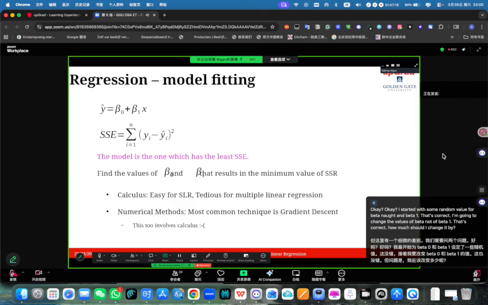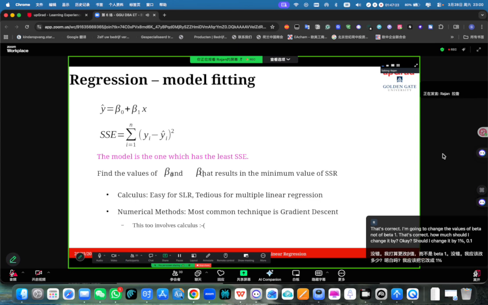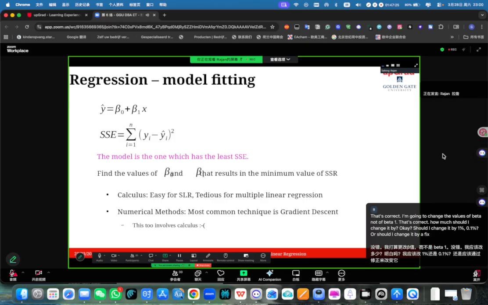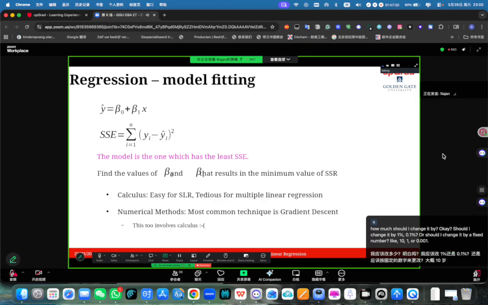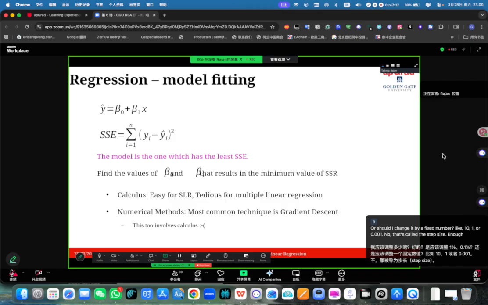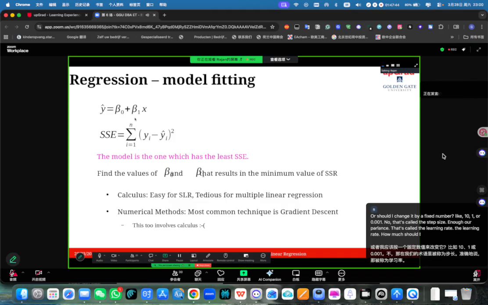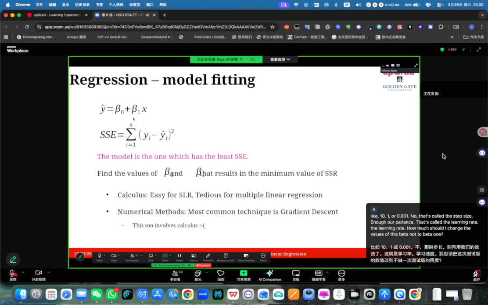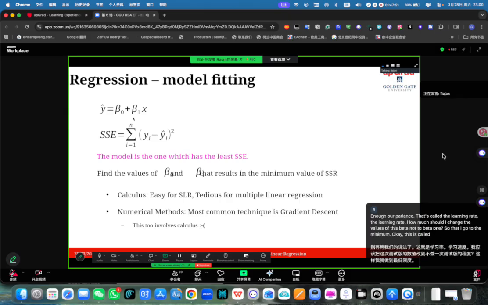Should I change by 1%, 0.1%, or should I change by a fixed number like 10, 1, or 0.001? That's called the step size. In our parlance, that's called the learning rate. How much should I change the values of beta naught and beta 1 so that I go to the minimum? This is called the learning rate or the step size.